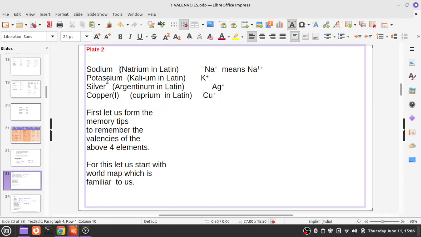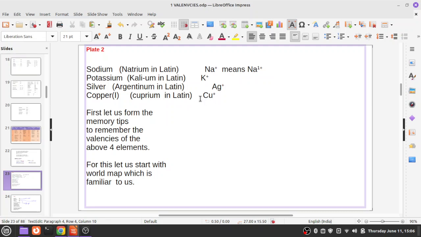Sodium is the English word, natrium is the Latin word. So that is why the sodium symbol is Na plus. Similarly, potassium is called kalium in Latin. Therefore, the potassium symbol is K plus, not P. Silver is called argentum in Latin. So the silver symbol is not Si, it is Ag plus. Copper is called cuprum in Latin. So the copper symbol is not Co but Cu plus.